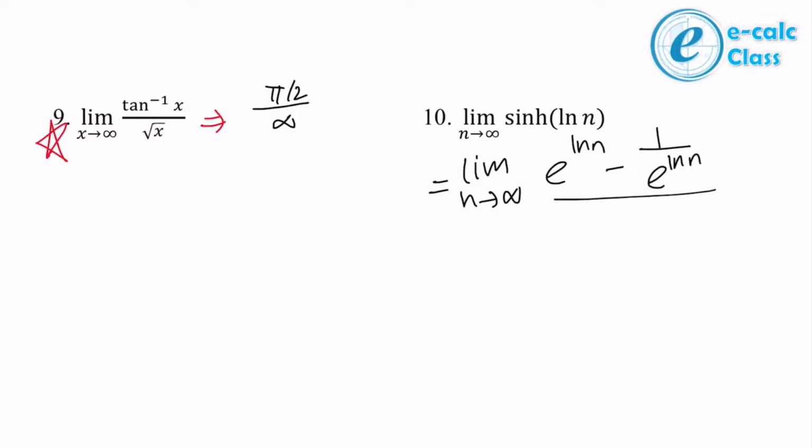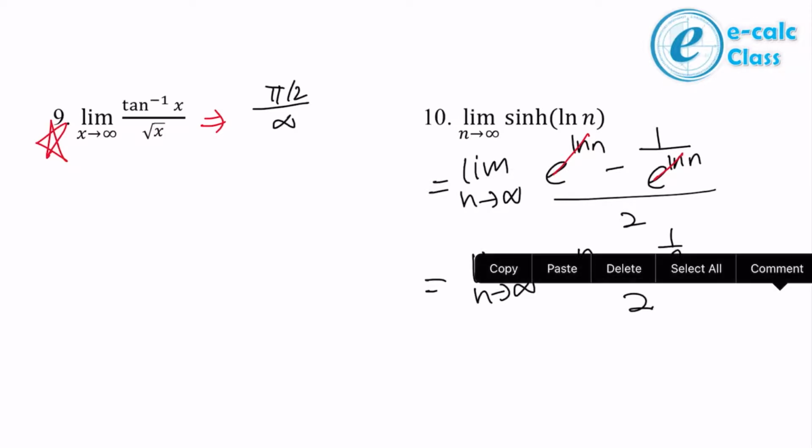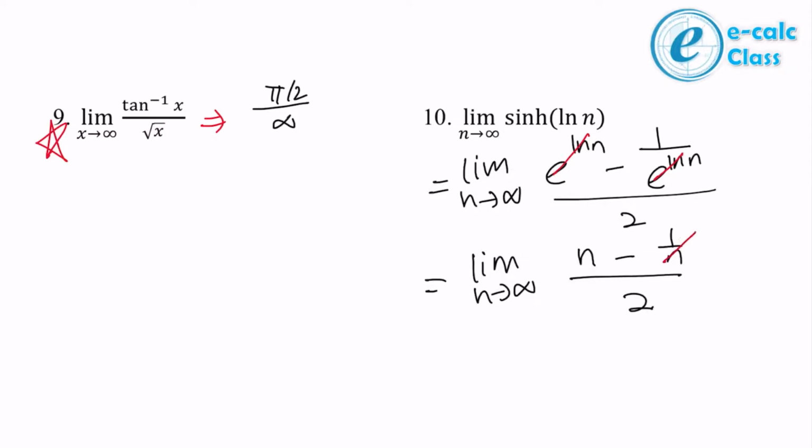Why did I say this is an easier approach? Because I know that e and ln can cancel out each other, right? So it will be very easy now, which is just n minus 1 over n, over 2. Before that, this is 0, this is infinity. So the answer will be infinity. Finish.